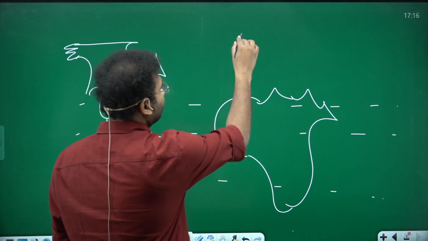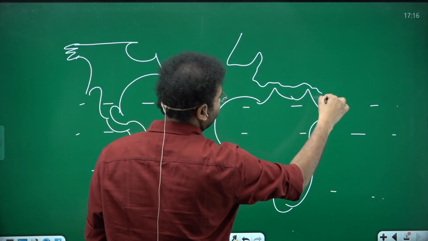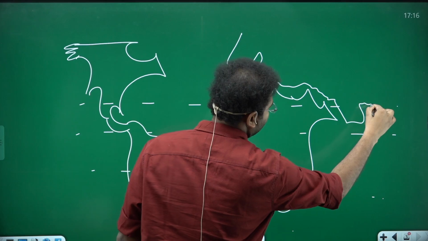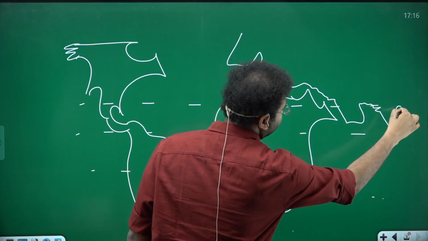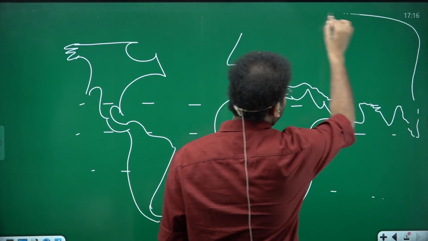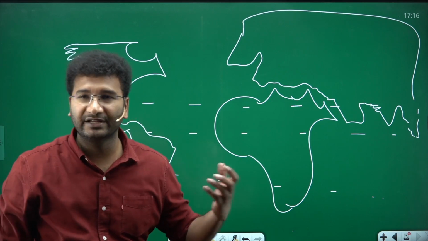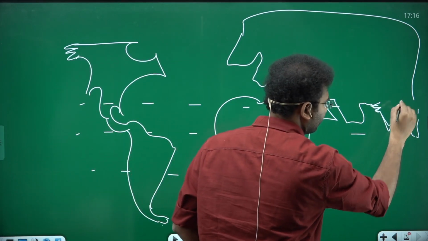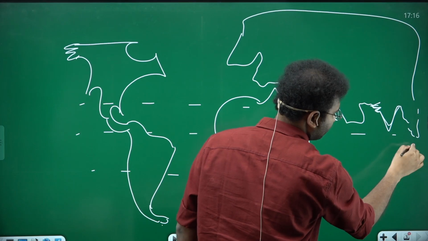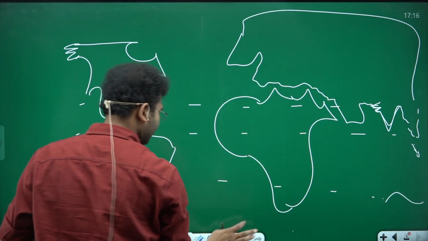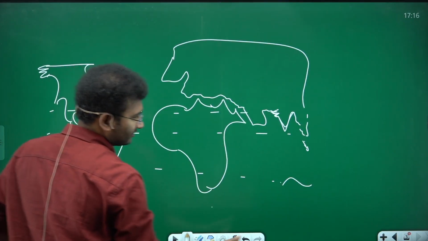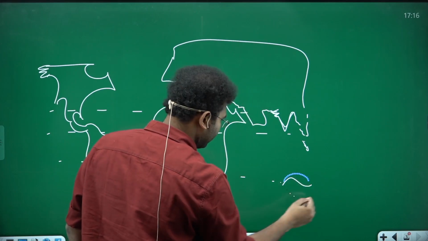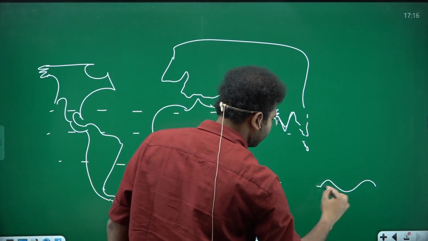And then this is your Europe, India. It should be representative in nature. The world map should be representative in nature, right? This is India and this is your Australia. Okay? You are supposed to learn to draw in less than 10 seconds, right?